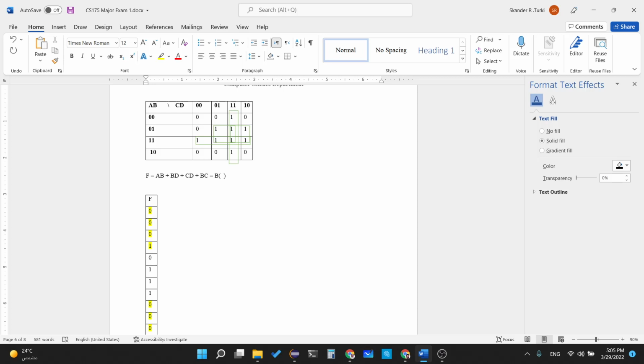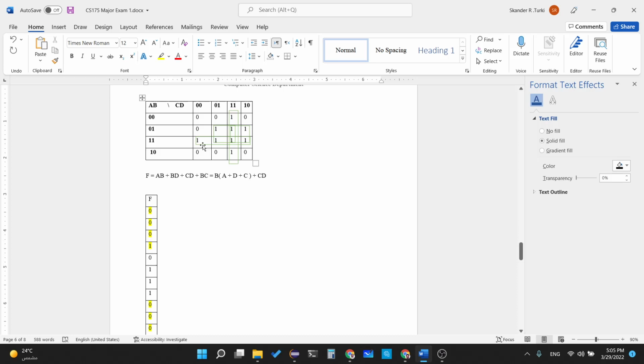But Doctor, I have a question. Yes, I have a question. Which of the following are essential and which are not? So all of them are essential here. We do not have any prime implicant that covers a minterm that others also cover. Every prime implicant has at least one minterm that it is the only one to cover.